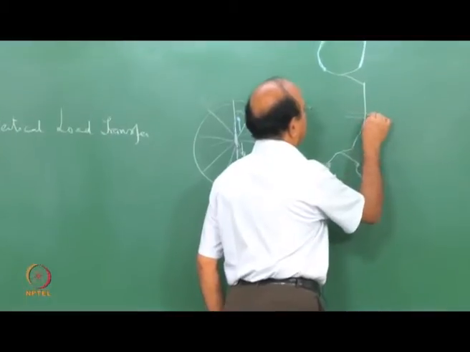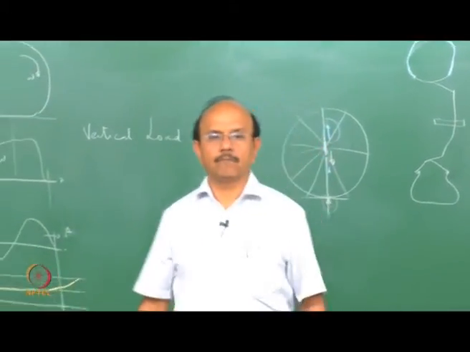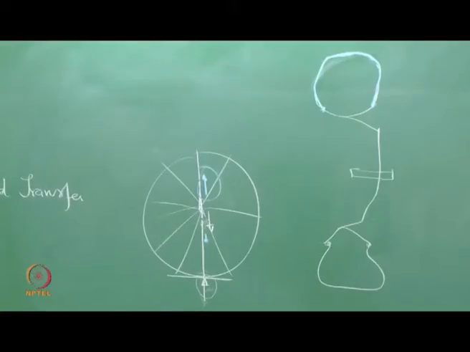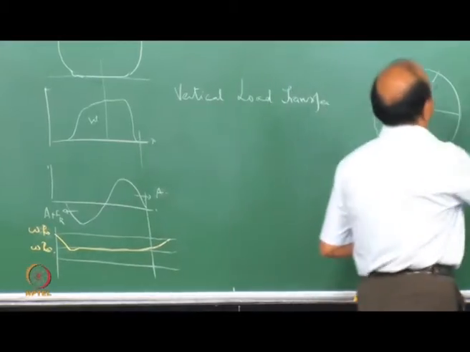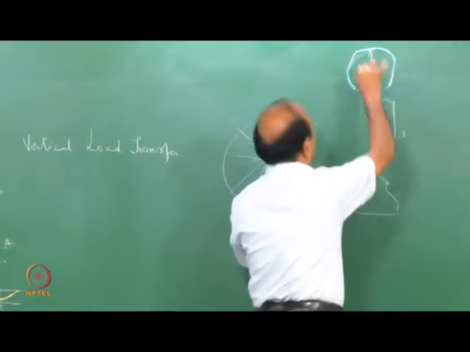That's the axle. Let's look at what happens to this whole situation. Of course, the first thing you would say is, look, that's the inflation pressure, that's how it acts throughout.